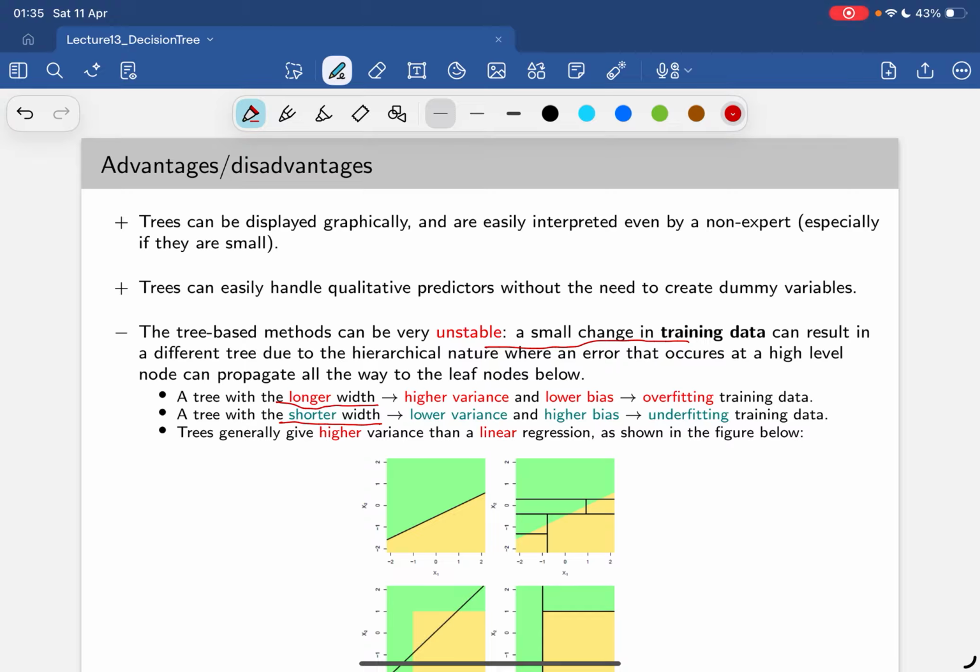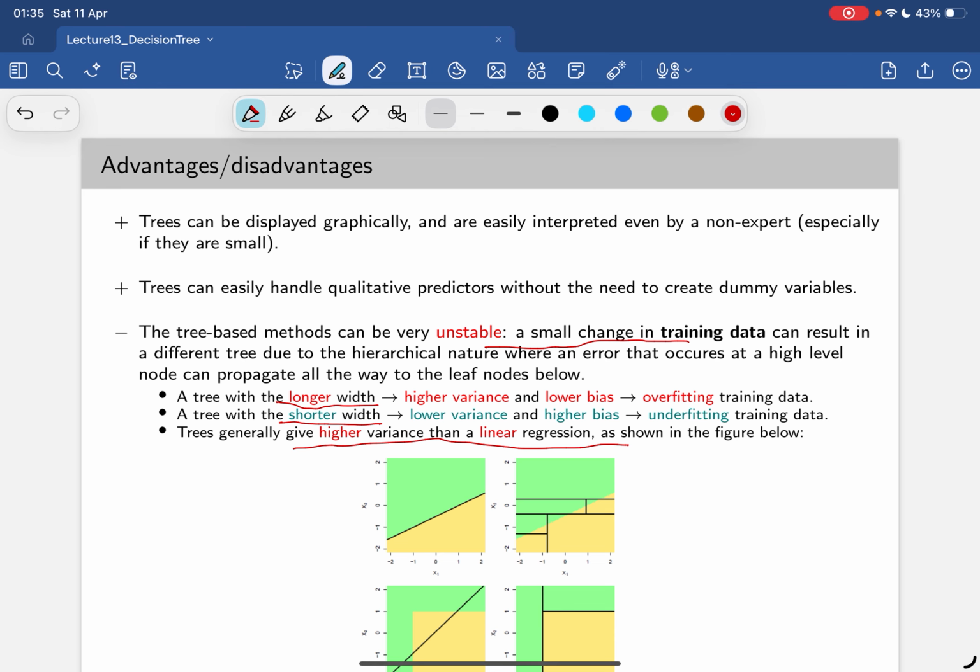It's the same way of thinking. And as you noticed, the decision tree gives you some kind of non-linear decision line compared to linear regression. So that means it actually has higher variance compared to linear regression. So this is something that you should notice.